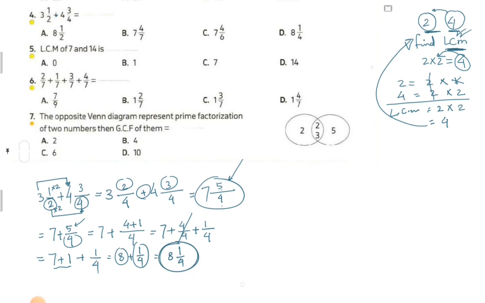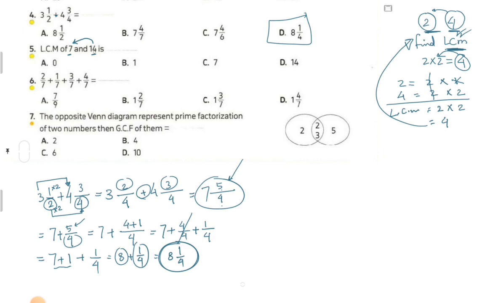Now look at the choices. We find it here. Next, LCM of 7 and 14. Directly I can note that 14 is a multiple of 7.